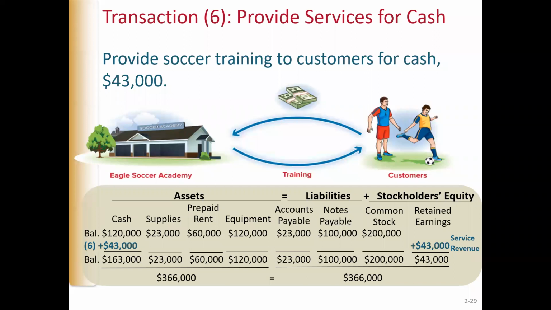Service revenue is increasing, isn't it? Service revenue is a part of retained earnings. So at the end of this transaction, our assets equal $366,000. Our liabilities plus our stockholders' equity also equal $366,000.